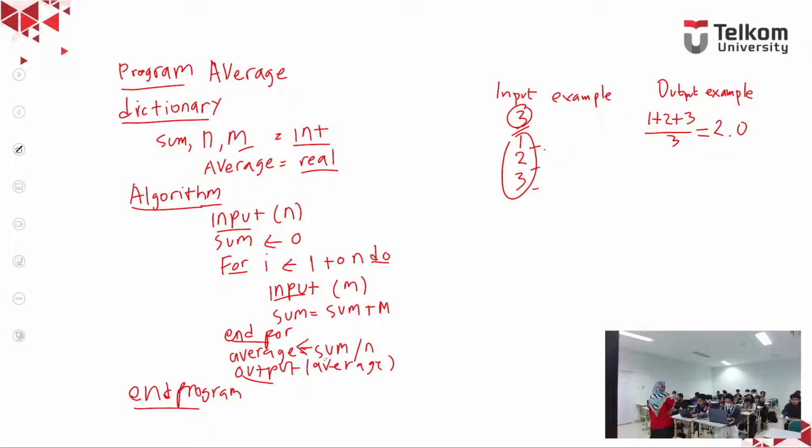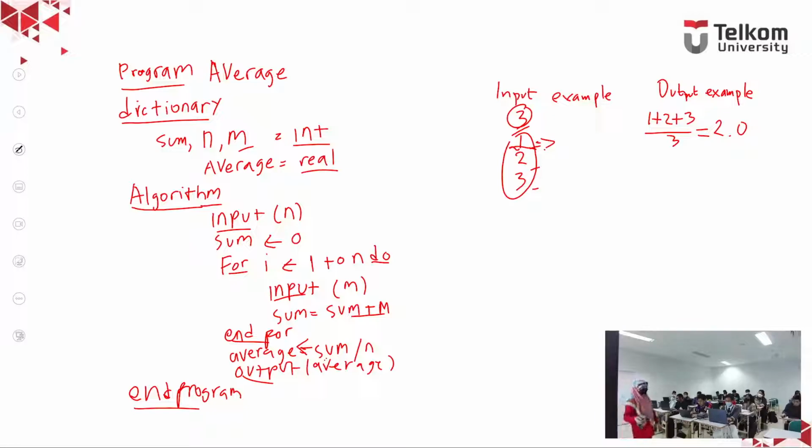Sum is to store the accumulation of these numbers, because we need to understand how the computer processes data. The computer will process the data consecutively. It means that at one time, for example, when reading 1, what should it do? It should calculate the total, right?